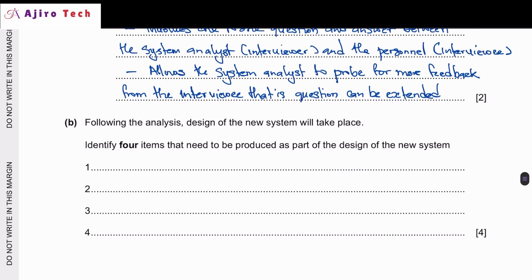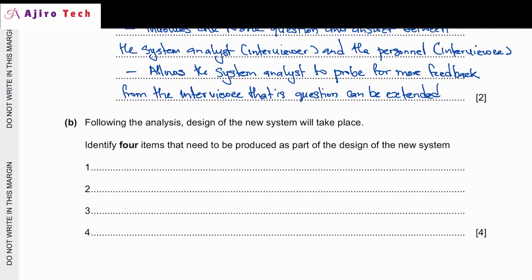Following the analysis, design of the new system will take place. Identify 4 items that need to be produced as part of the design of the new system.